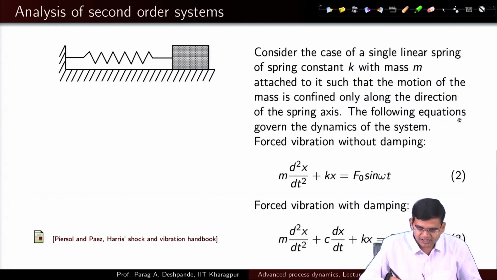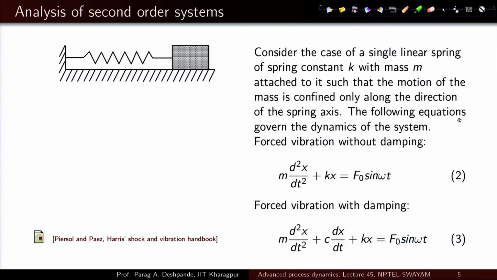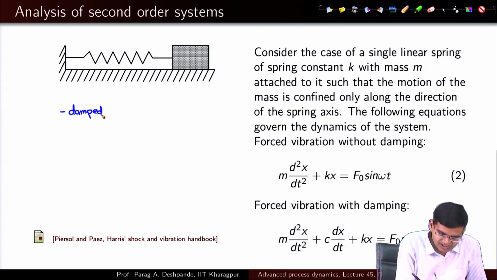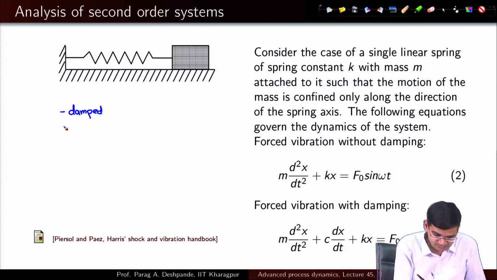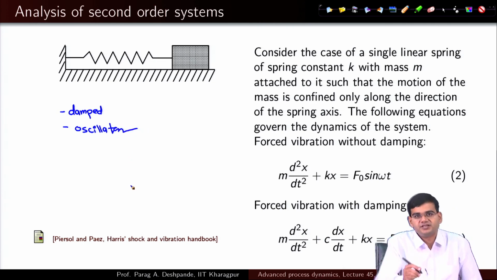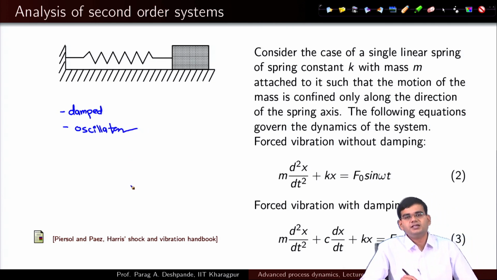Now, we had a look into this particular aspect of second order dynamics, where you have the spring mass system, and in this spring mass system we saw that in fact you can have a damped behavior and you can have oscillatory behavior. Okay.